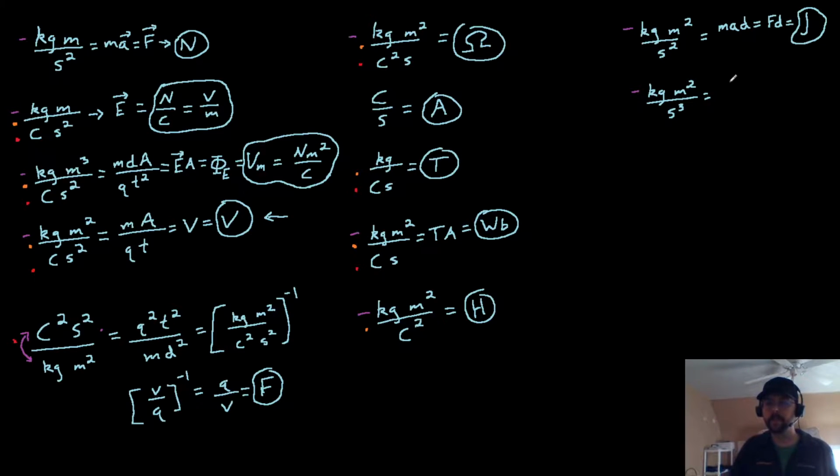So this is the same as joules per second. So how much energy do we have flowing through something per second? This is going to be equal to power. So there you go.